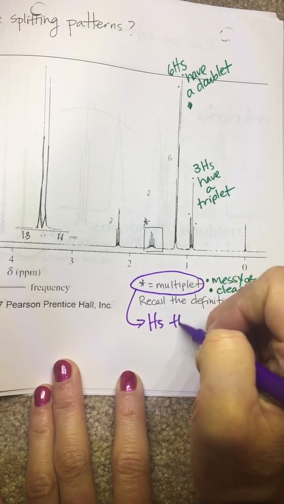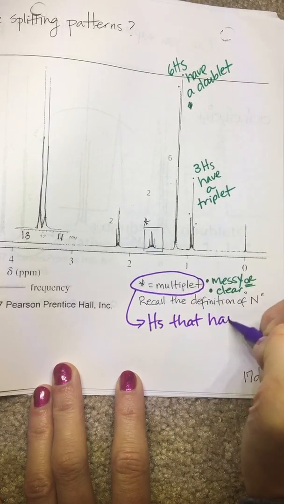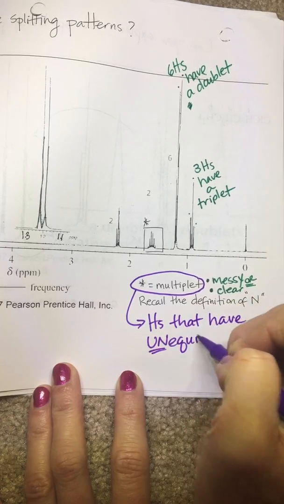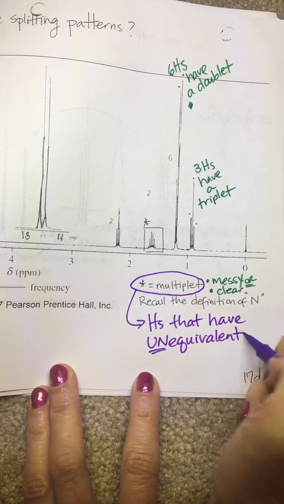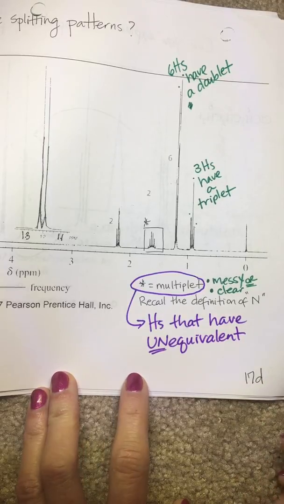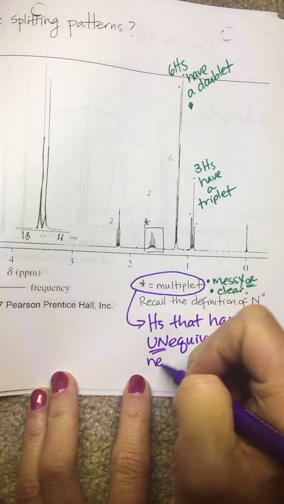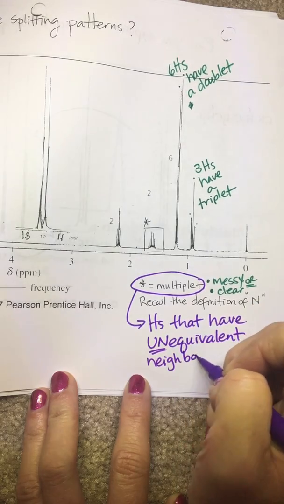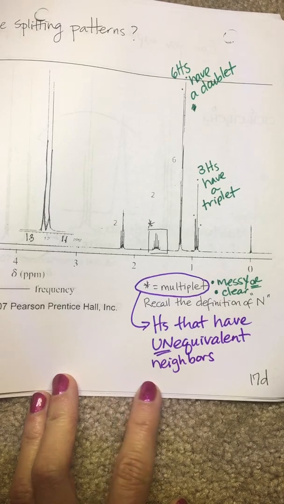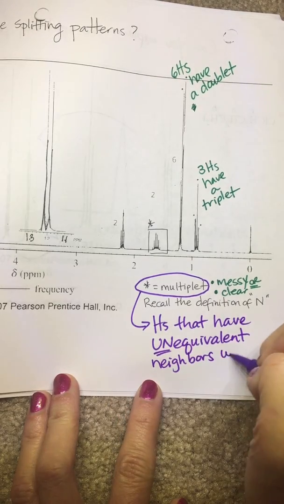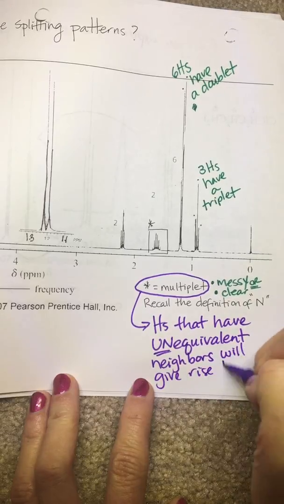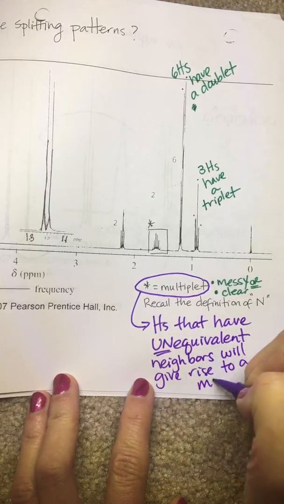So hydrogens that have unequivalent neighbors, neighbors that have a different environment, will give rise to a multiplet signal.